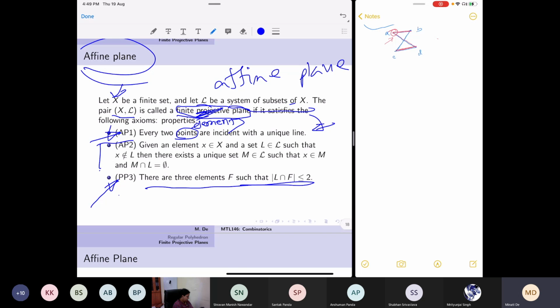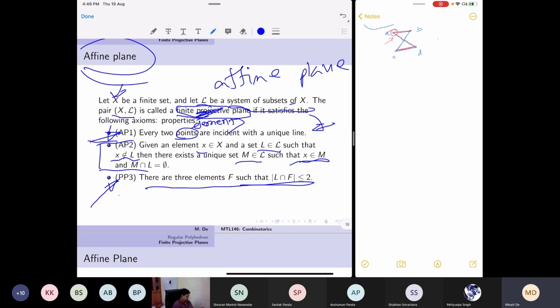And what is the third property? If you consider any element x and one set L such that x does not belong to L, then you will be able to find one unique set M in L such that x belongs to M. And not only that, the intersection of M and L should be empty.